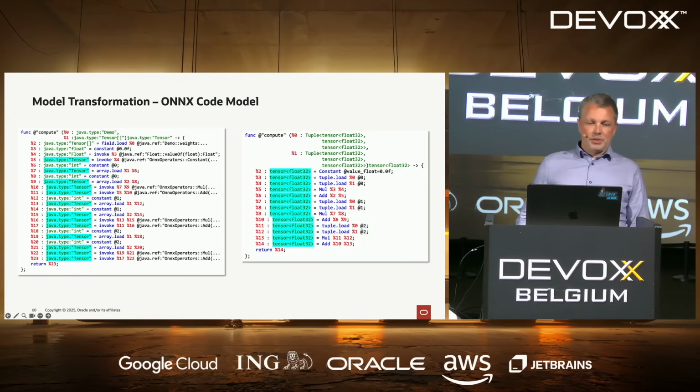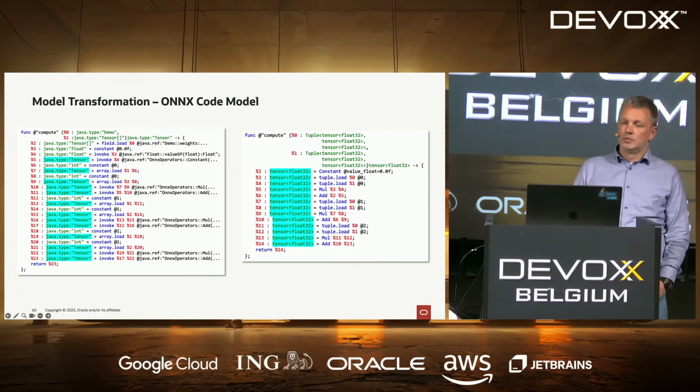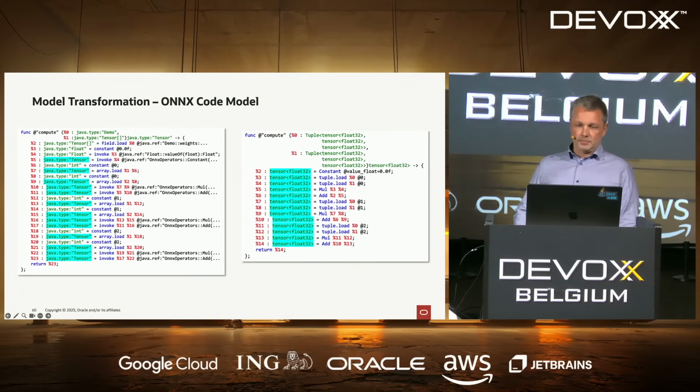And the Java type tensor that we used to model it, we just transform it to the ONNX tensor type with a specific tensor element type, which we inferred from the model, because ONNX is pretty sensitive to knowing exactly the element types inside the model.